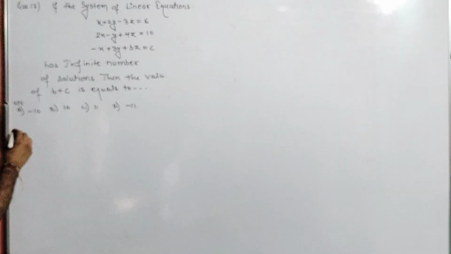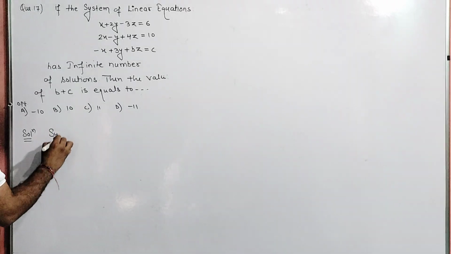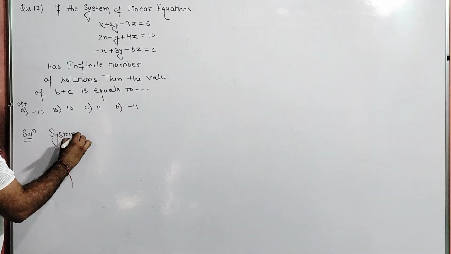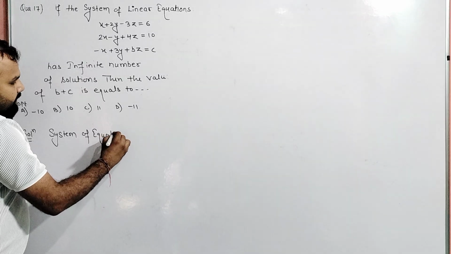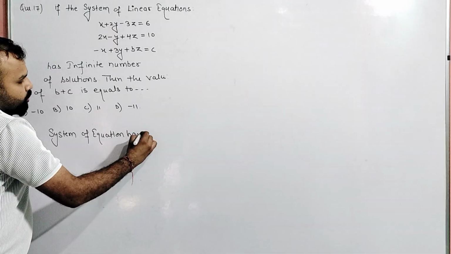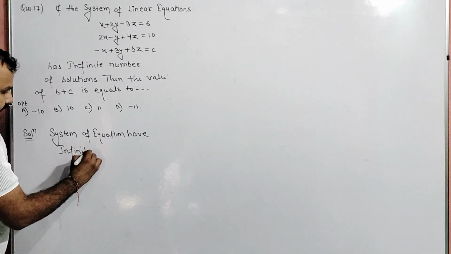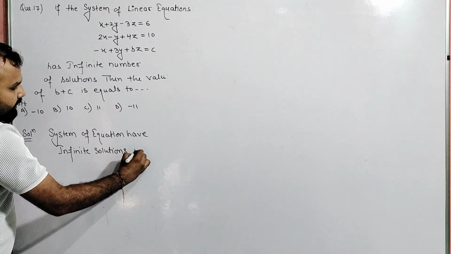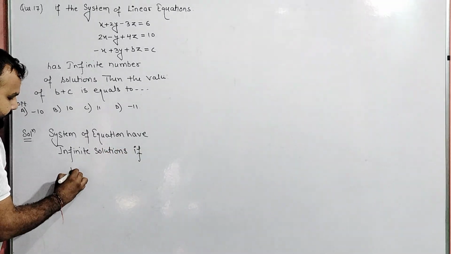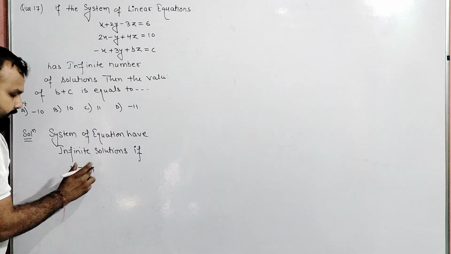So student, for getting the solution of this question, we know very well that a system of equations has infinite solutions if D, that is the determinant, D1, that is also a determinant.